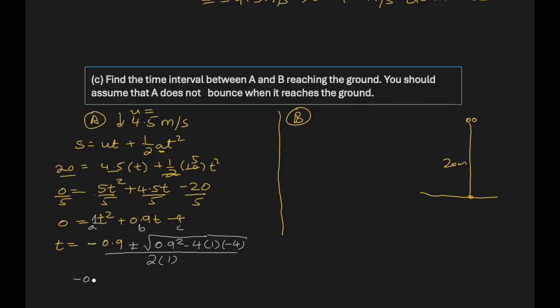So minus 0.9 plus minus the square root of 0.81 plus 16, 16.81, over 2. So I think the square root of 16 will be about 4 point something. I'll take only the positive one, otherwise it will be a negative time. So I'm ignoring negative, only positive will be taken. I'm using my calculator to find this time.